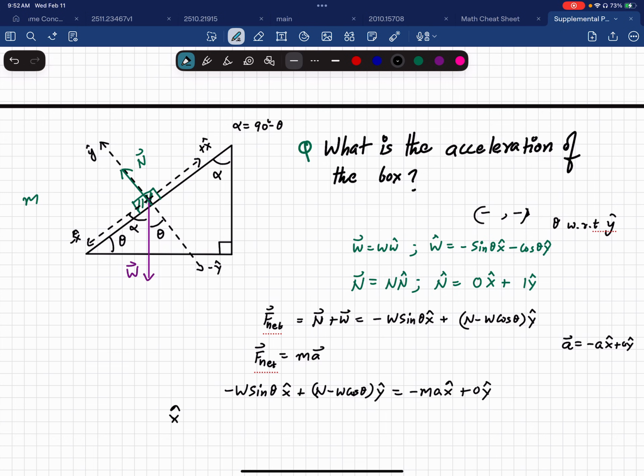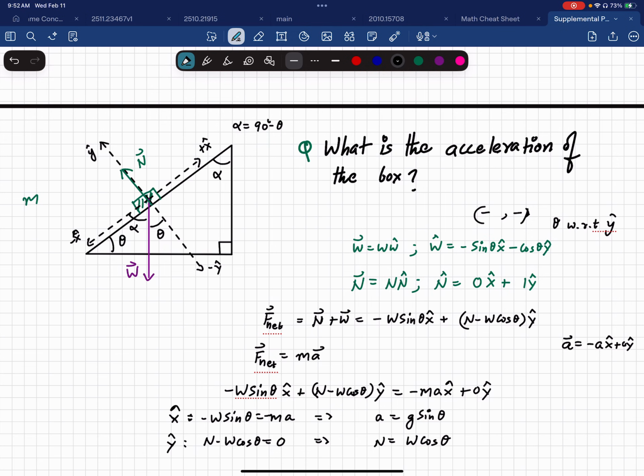Finally, we have w sine theta equals ma, and n minus w cos theta is 0. Basically that gives me the acceleration to be g sine theta and the normal to be w cos theta.